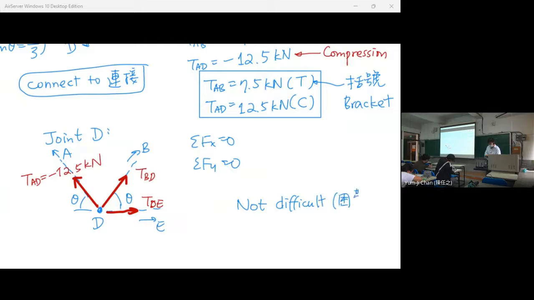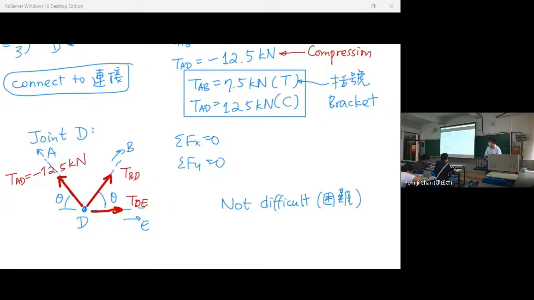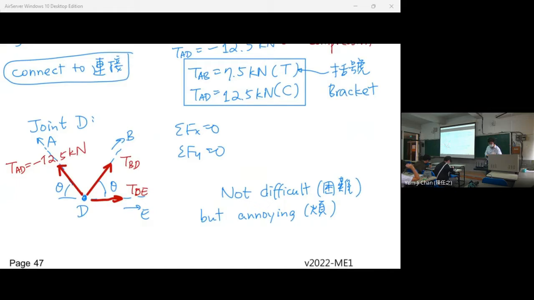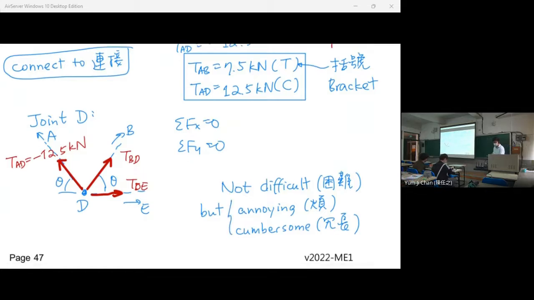But it's annoying, really annoying. In English you can say annoying, or I would say use another word: cumbersome.